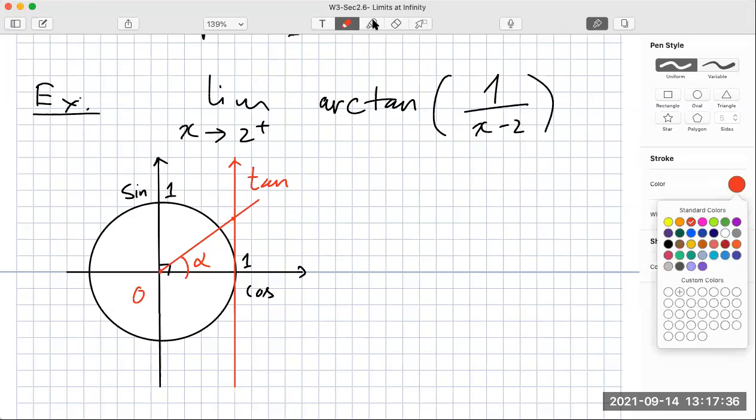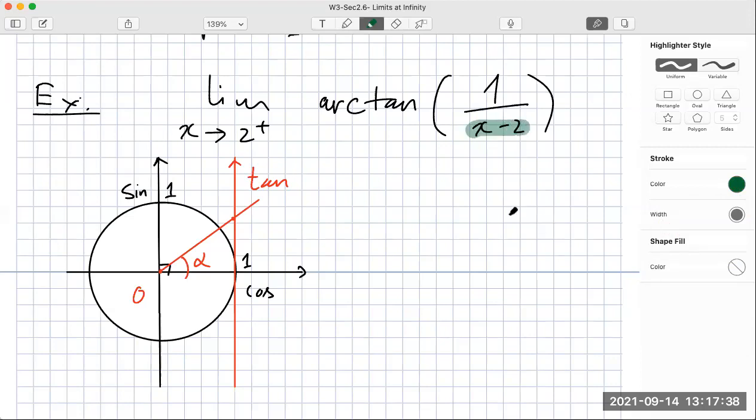If x approaches 2 from the right-hand side, what is the denominator? It will come to 0, right? But is it positive or negative? Positive. Why? Yes, from the right. Therefore, this guy will come to 1 over something very small, but positive.